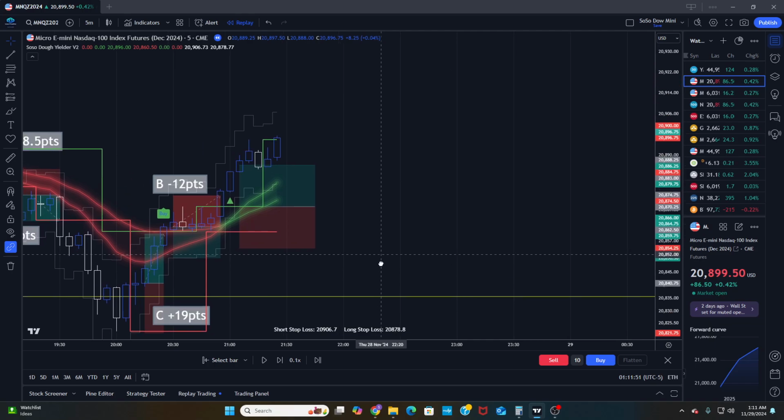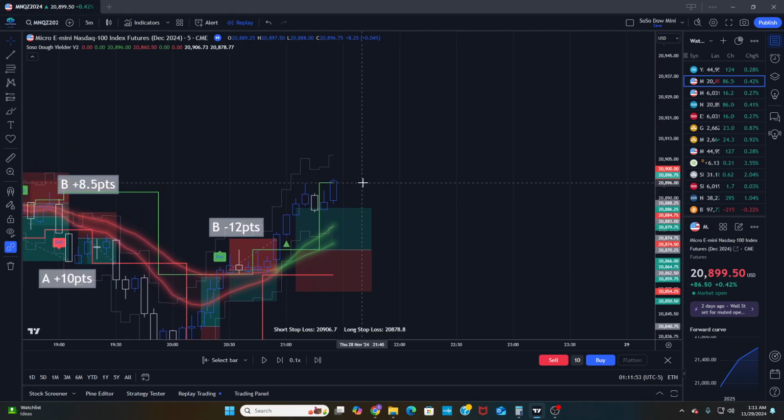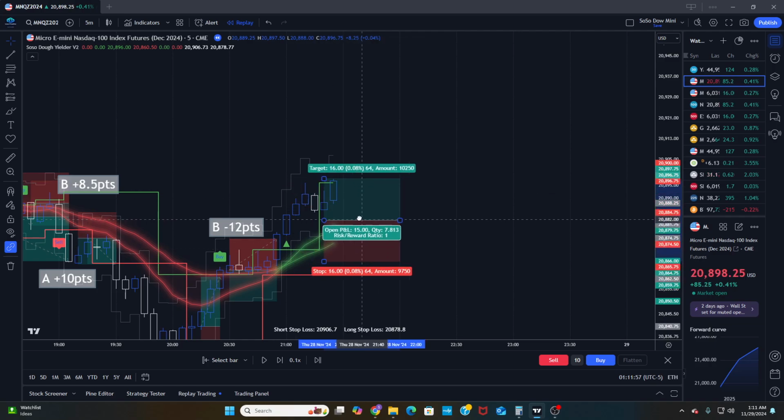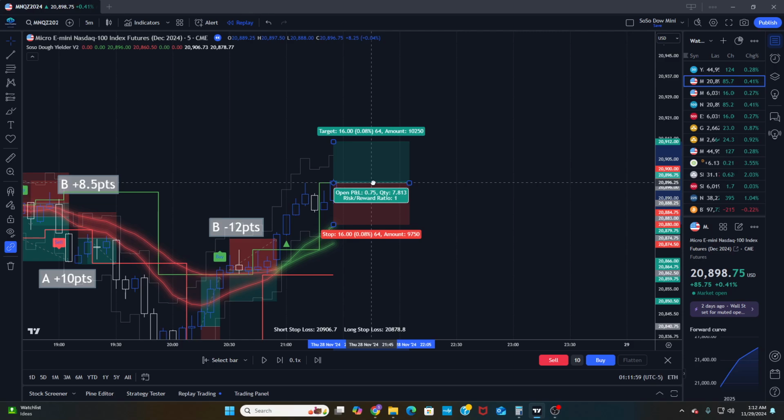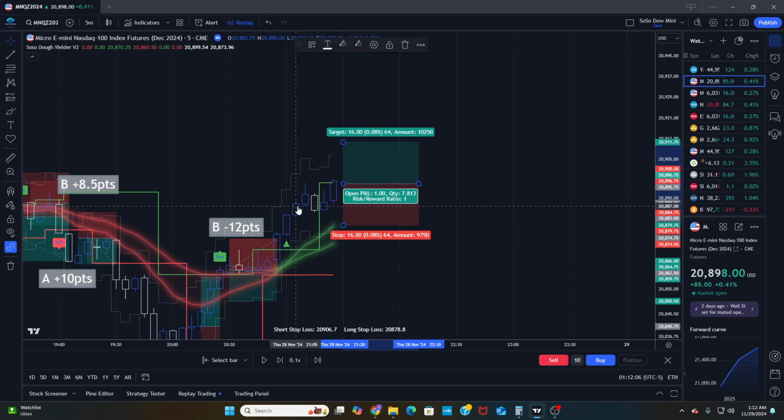All right, so here we got a break of this upper level, which is 896. So I'm going to move this trade up to the 896 level. Well, it was actually 896 even.